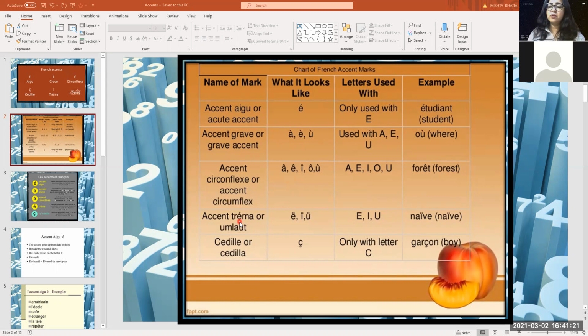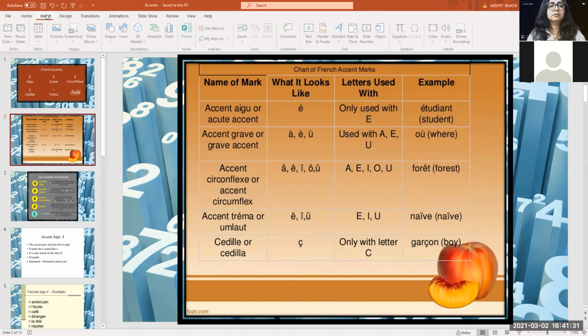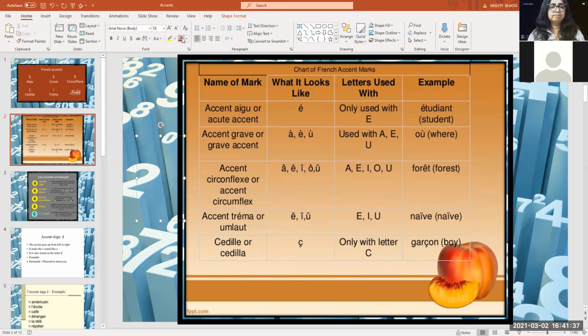Let me write one word here. Do you know maïs? M-A-I-S, maïs as in corn.